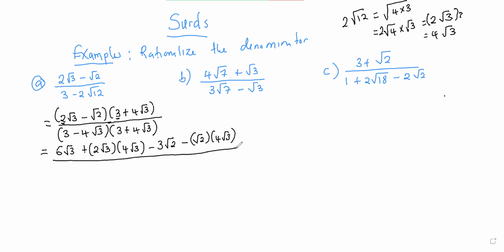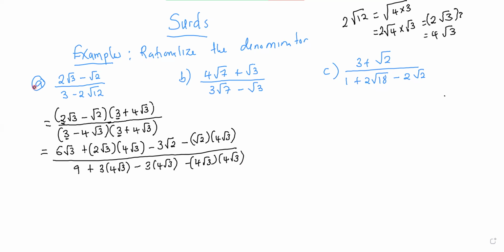We divide everything by 3 times 3, that's 9, plus 3 times 4√3, minus 4√3 times 3, and then minus 4√3 multiplied by 4√3. So where are these coming from?